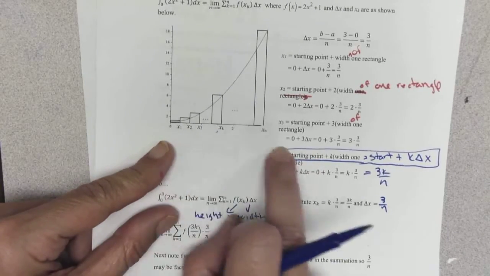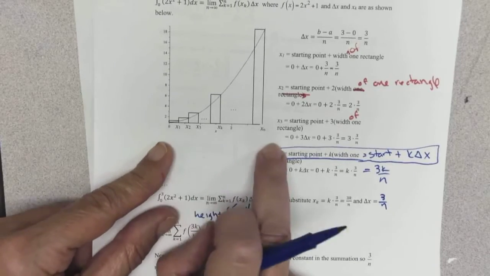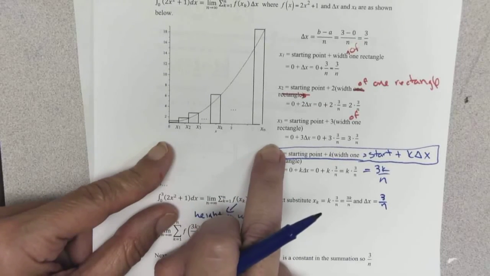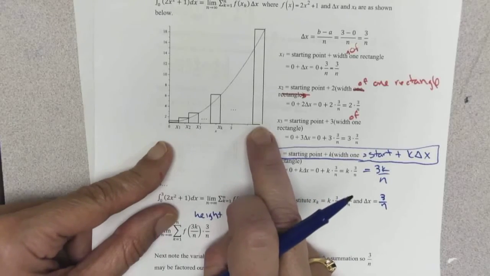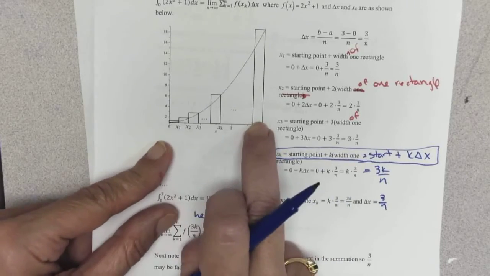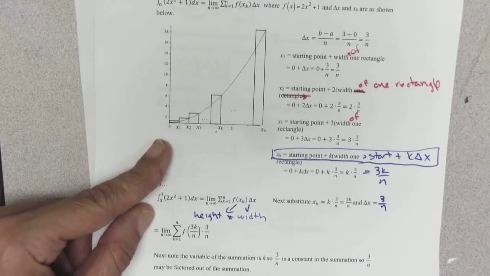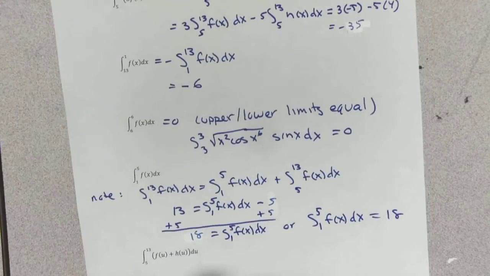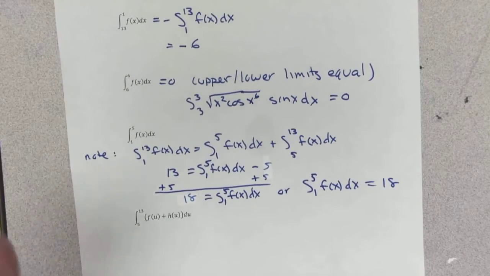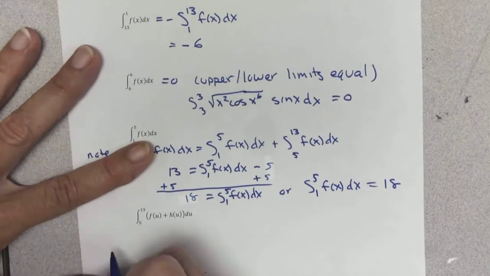It doesn't matter what letter I choose to label my horizontal axes. It's just convention that we've used the letter x. If u had been used down here, it wouldn't have changed any of the calculations. So the variable you choose to use does not matter.